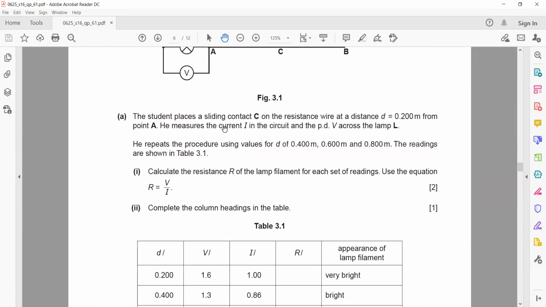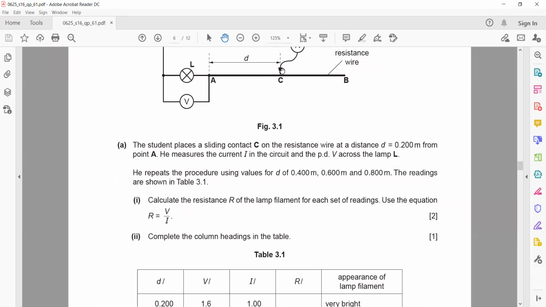The student places a sliding contact C on the resistance wire. What is the meaning of sliding contact? It means he can change the position of this. That's a sliding contact. And the distance is 0.2, measured from A. He measured the current and voltage across the lamp.